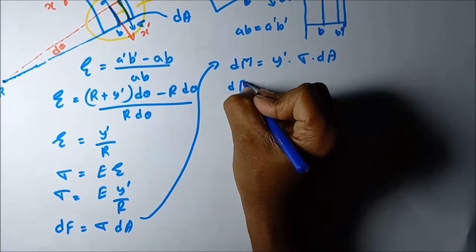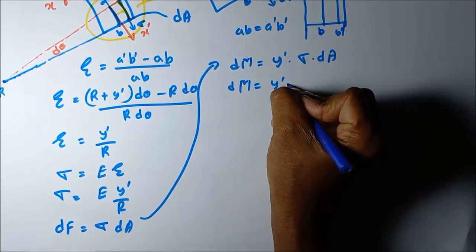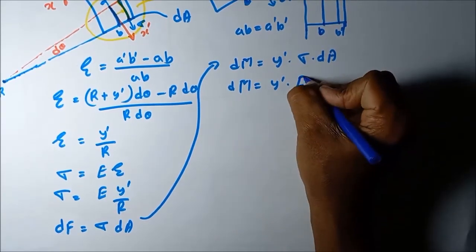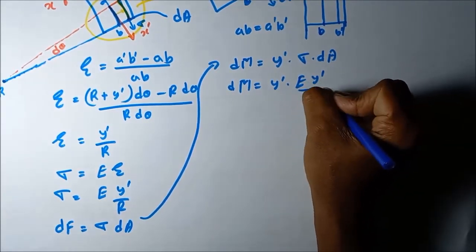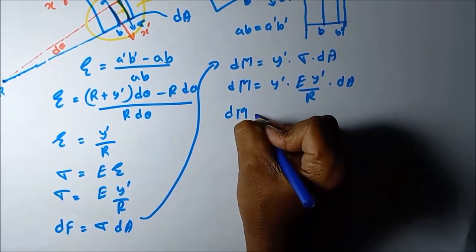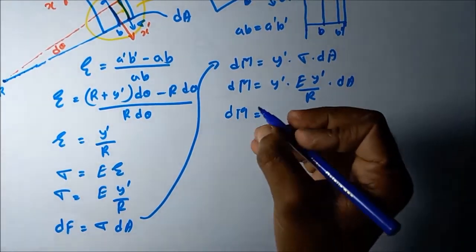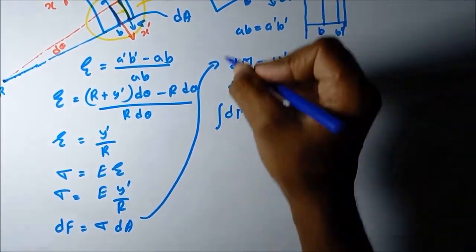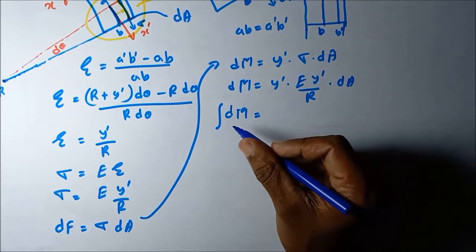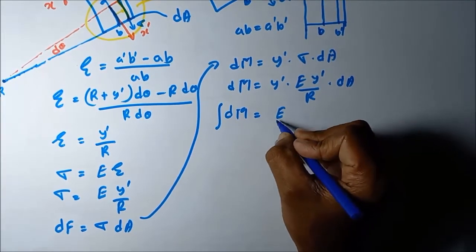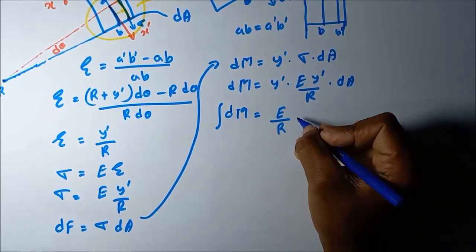Let me expand this equation. Y dash, what is sigma? Sigma is equal to E y dash divided by R, into dA. So the dM we are obtaining is equal to... To calculate the total moment produced, we have to integrate all over the surface area. E is a constant, R is also a constant for a certain buckling.